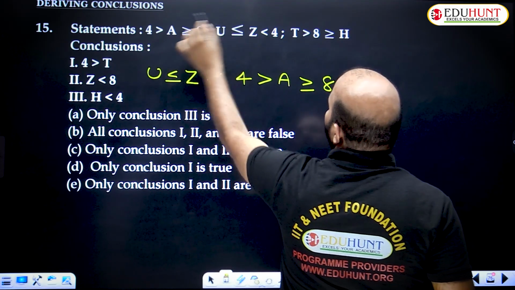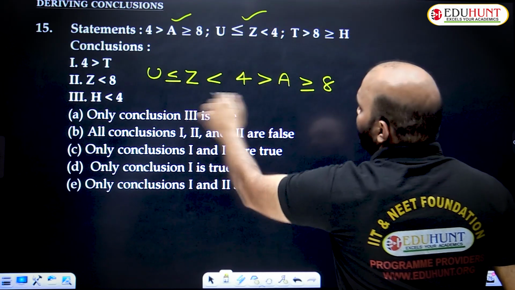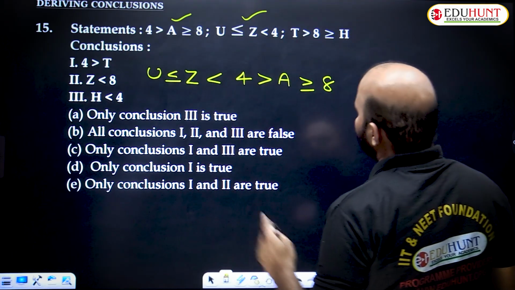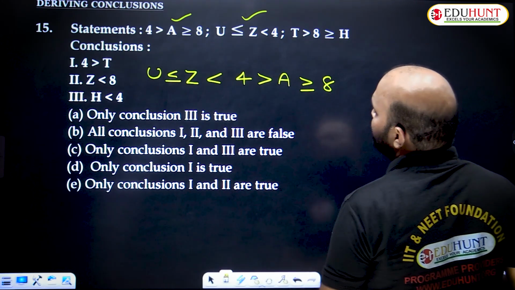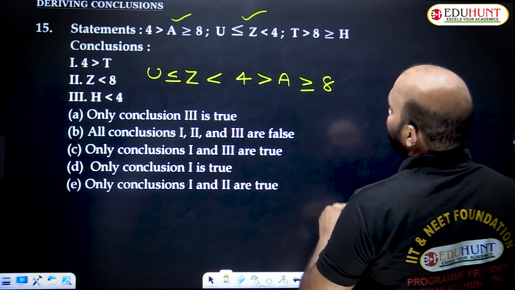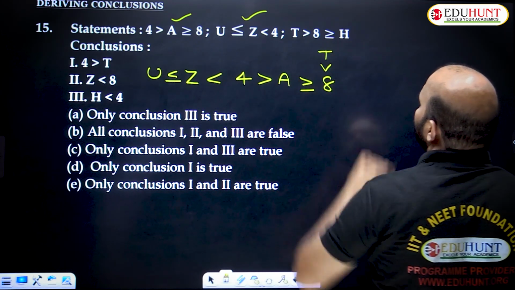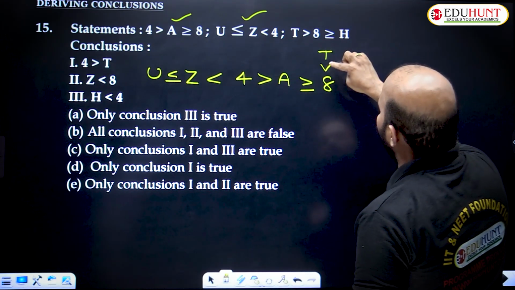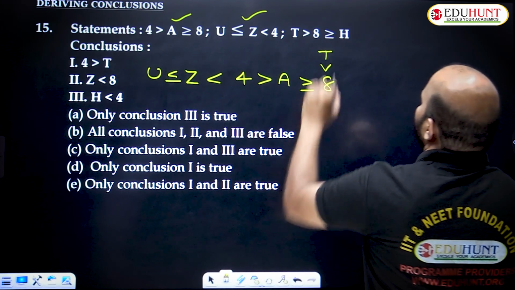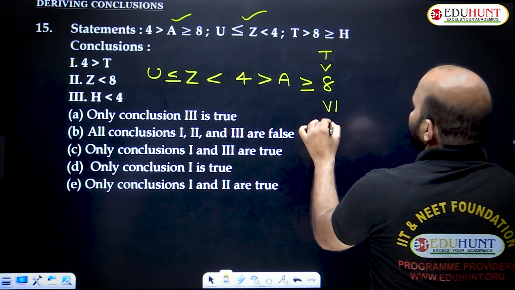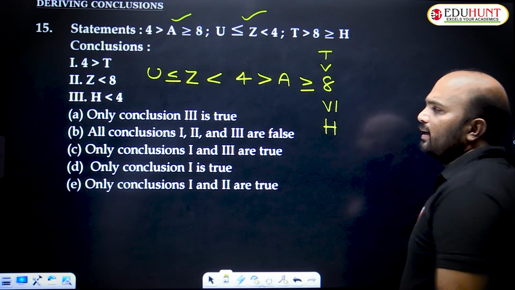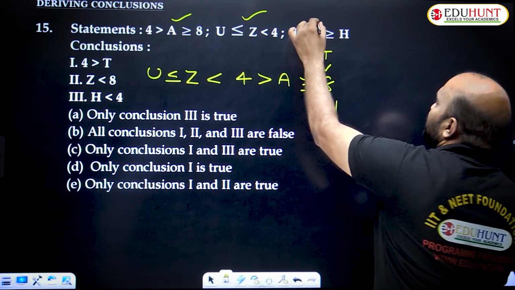So the first and second statements are already linked with a single relation. Third one, T is greater than 8, greater part taken towards T, again 8 is greater than or equals to H. So this is a single expression by using the three statements.